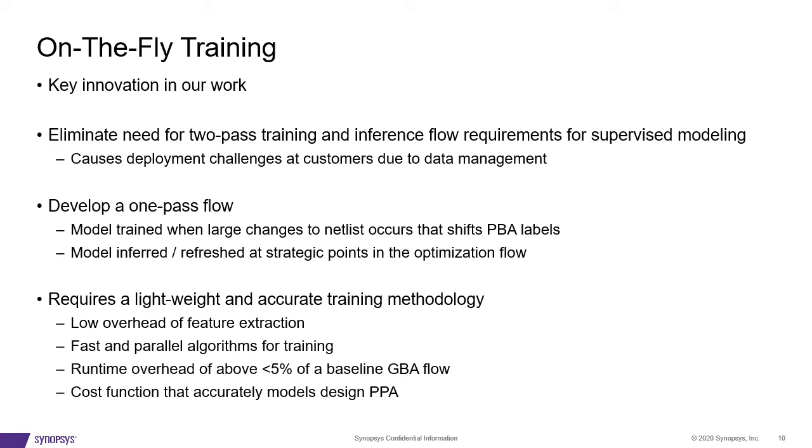We require low overhead of feature extraction, and fast and parallel algorithms for model training, and for this project, we placed a constraint that the runtime overhead should be less than 5% of our baseline GBA flow. We also need to come up with a cost function that accurately predicts the model's design PPA.